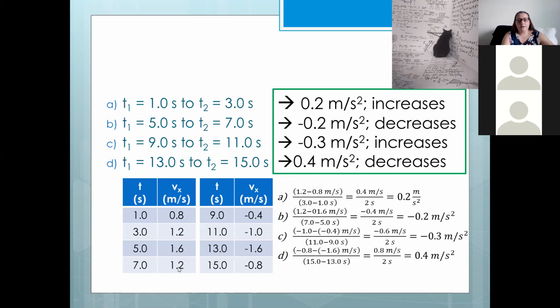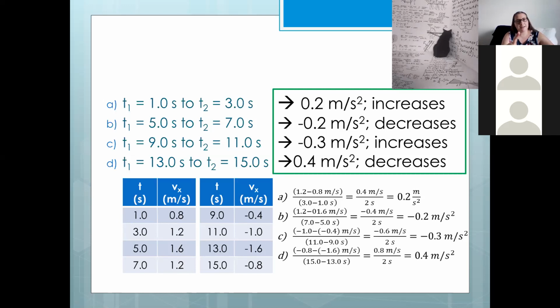Looking at this 5 to 7 time interval, we went from a velocity of 1.6 meters per second to a velocity of 1.2 meters per second. So our speed decreased. Okay, that should be fairly straightforward.